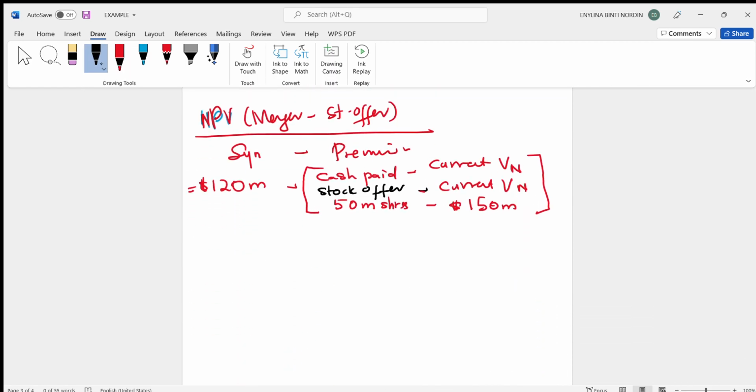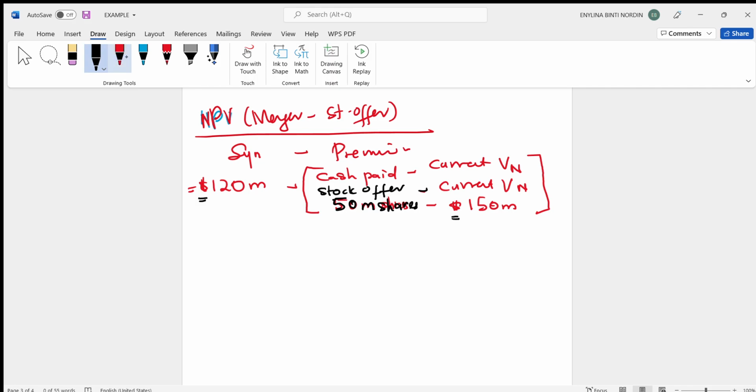Now we go back to this calculation. Here it's 50 million shares, but the other figures are in RM. If you use 50 million shares here, you are unable to solve this equation. So what is our solution?